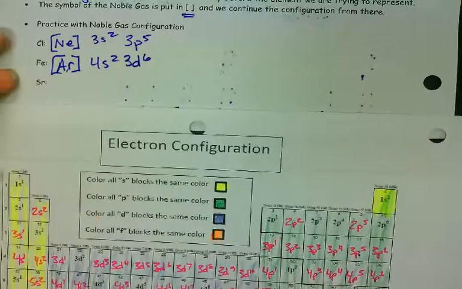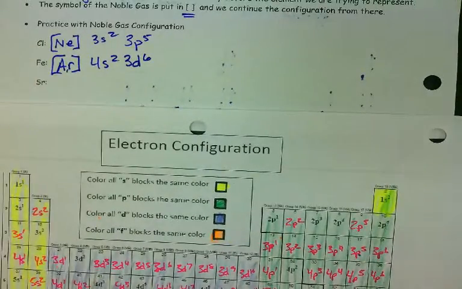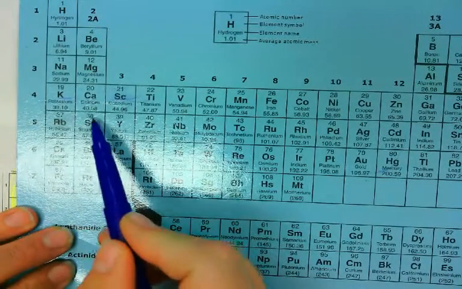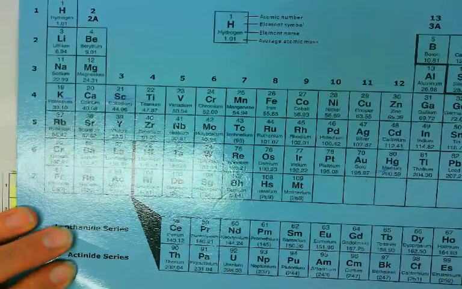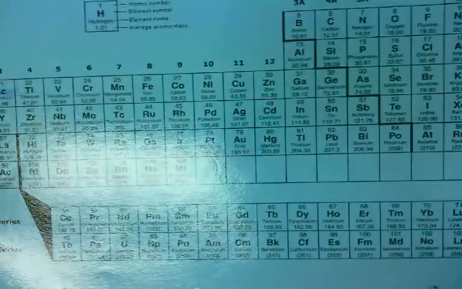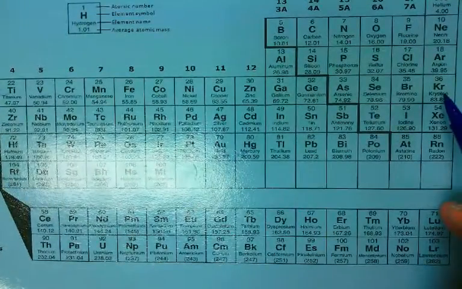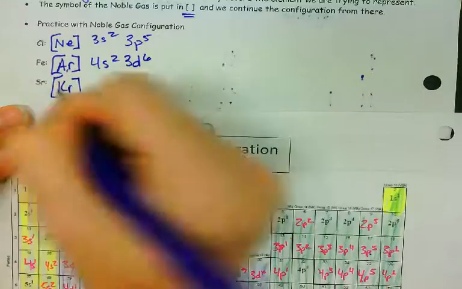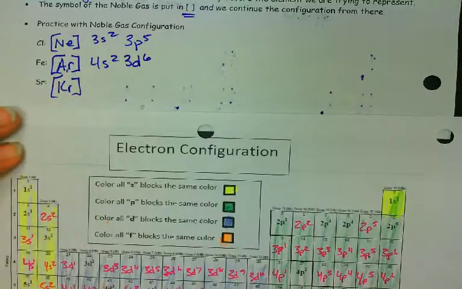So then here's this big guy right here, strontium, Sr. Find it on your periodic table first. It's number 38. Okay? So we look back and we say, what's the noble gas that's right before it? You're going to see that it is krypton. Okay? So you're going to take that Kr, put it in brackets. And then you got to write anything that comes after it.